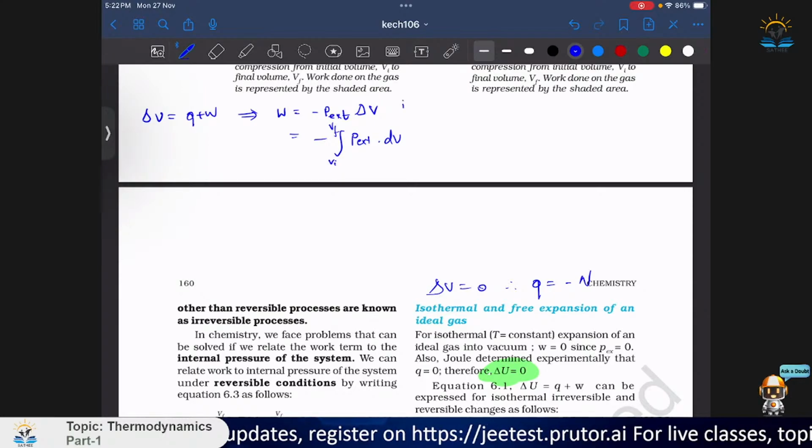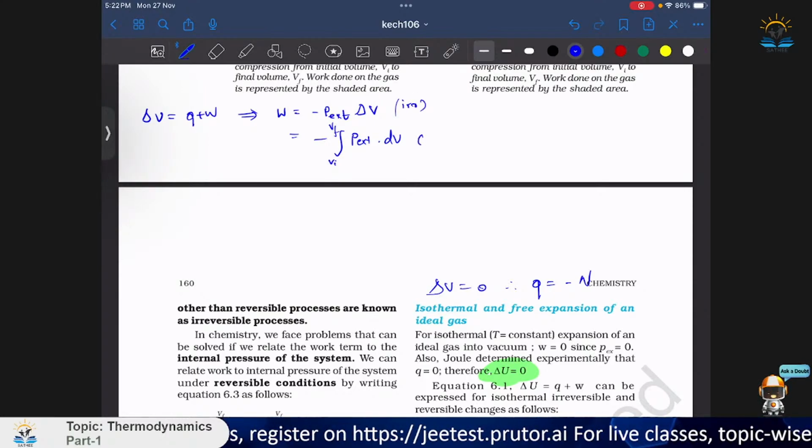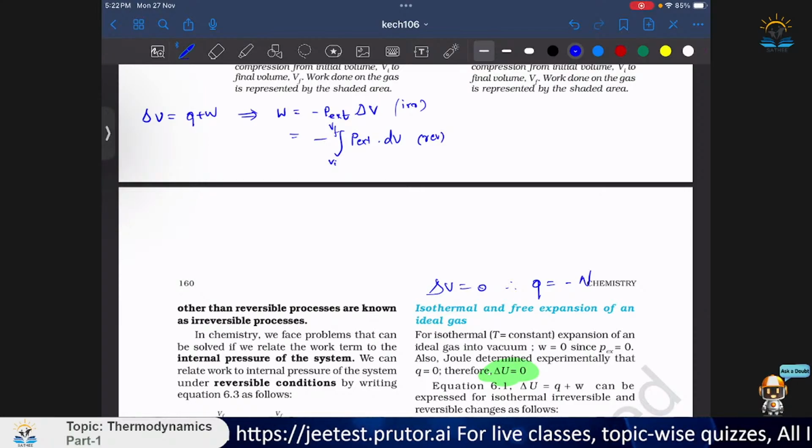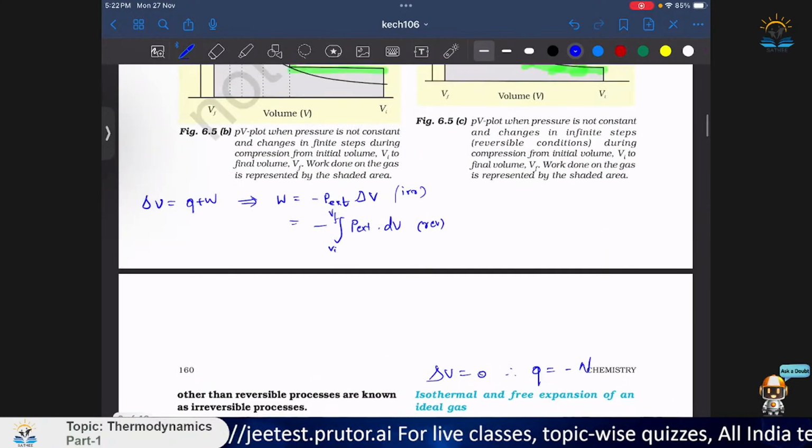This is reversible. Right. There are a few processes which you need to know.